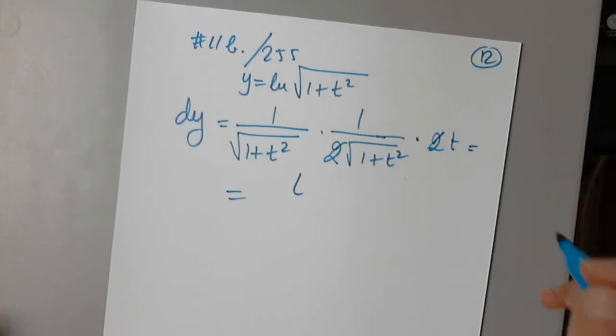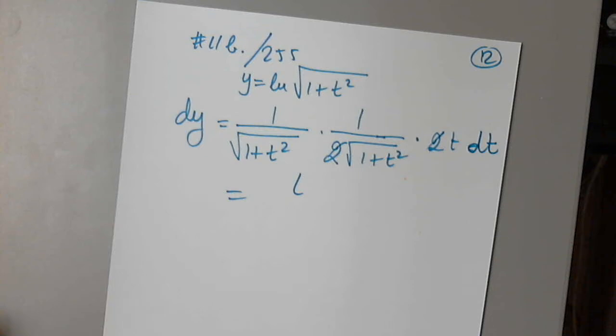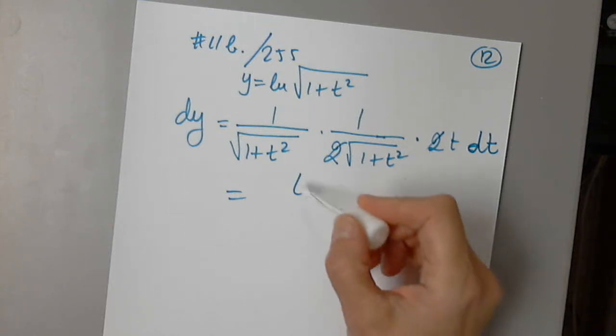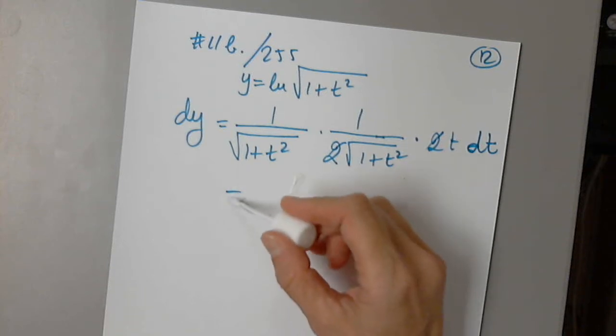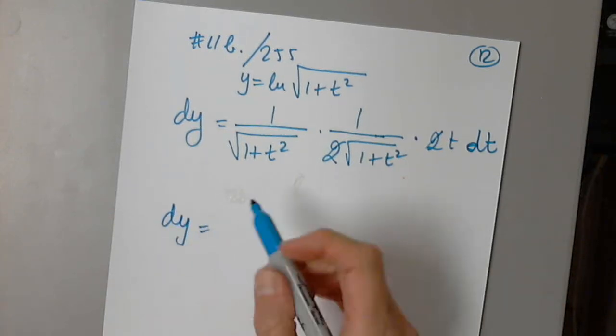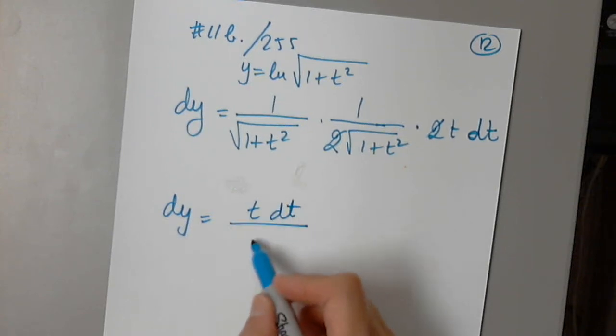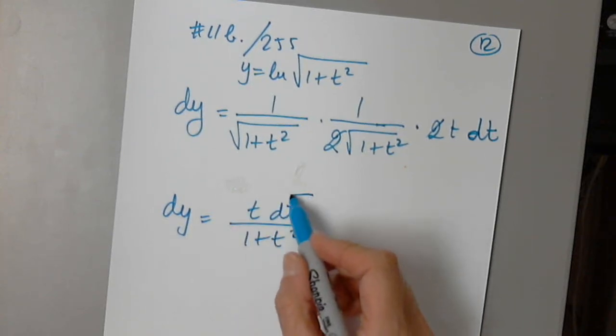So I have, I'm sorry, times dt. Be very careful. I got carried away explaining this and that. No excuse whatsoever. So it's the differential, so I have to write times dt. So therefore, dy equals, after I simplify, t dt divided by 1 plus t squared.